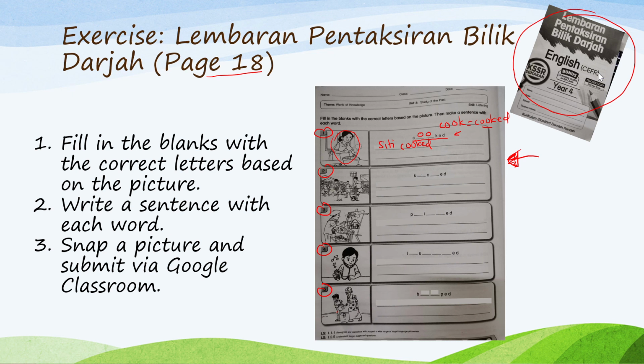Cooked apa? What is she cooking? What did she cook? She cooked a delicious meal. Siti memasak makanan yang lazat. Okay? Do you get it? Now, number 1 is done for you.